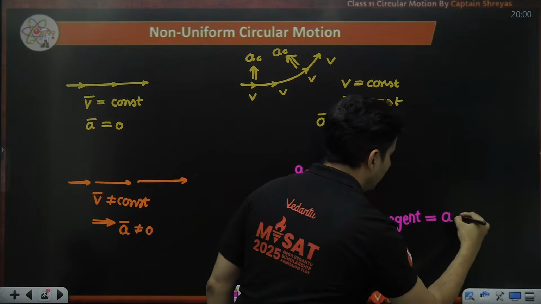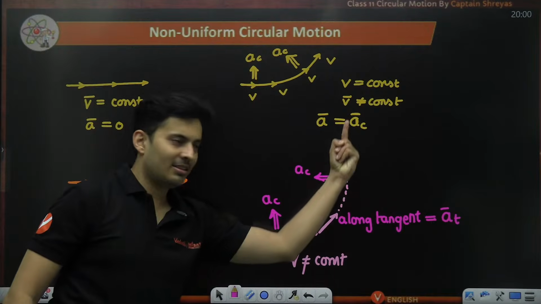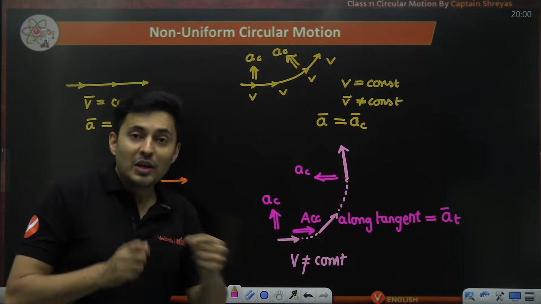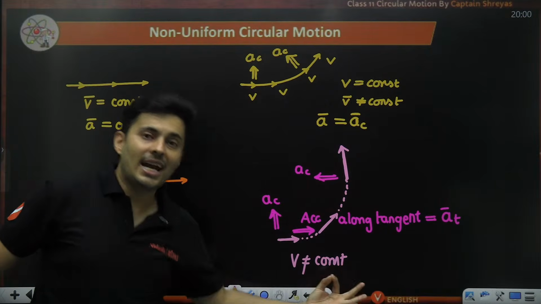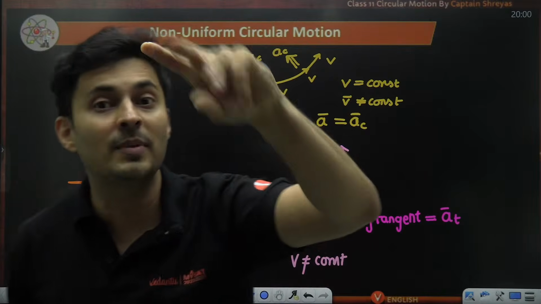That is called tangential acceleration. So if you draw a tangent to the path, the speed is changing, so there is a tangential acceleration responsible for changing the speed, not direction.